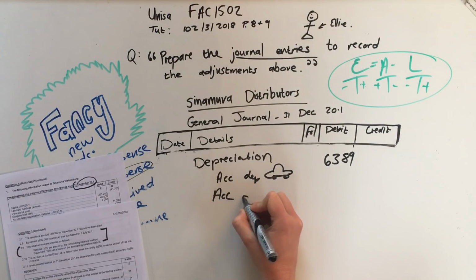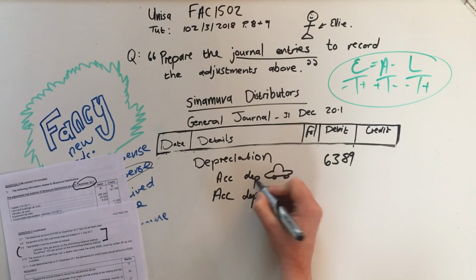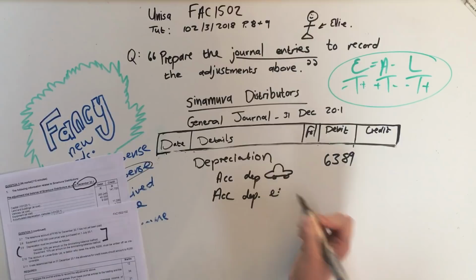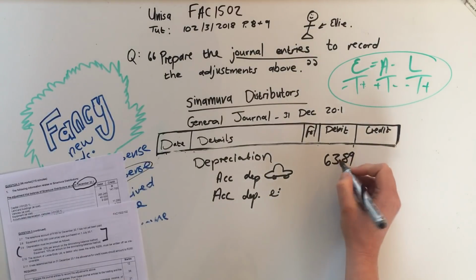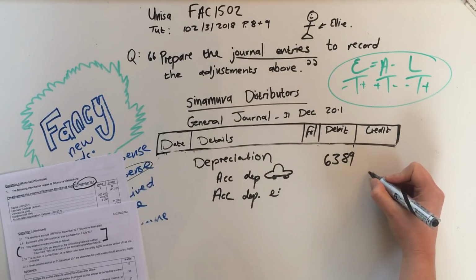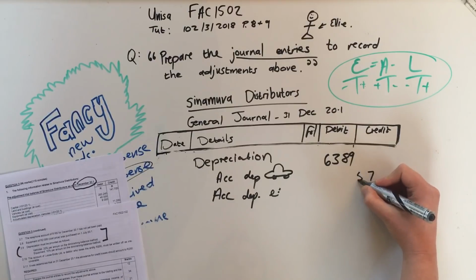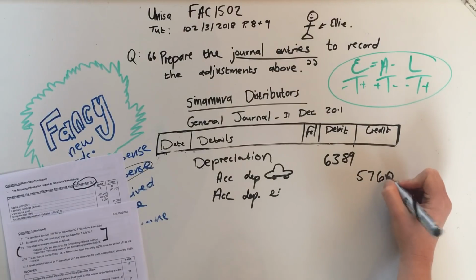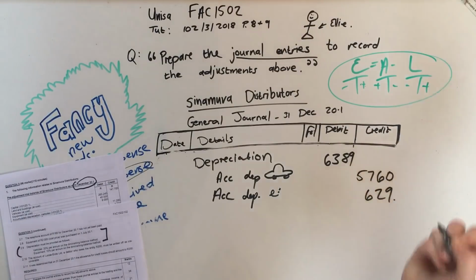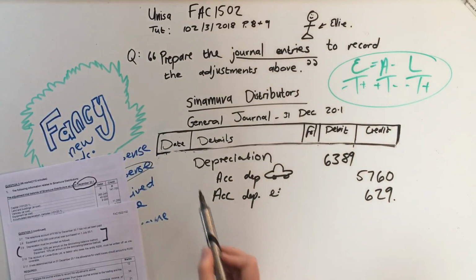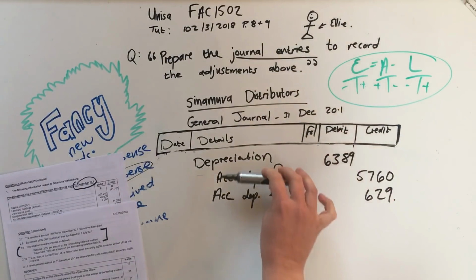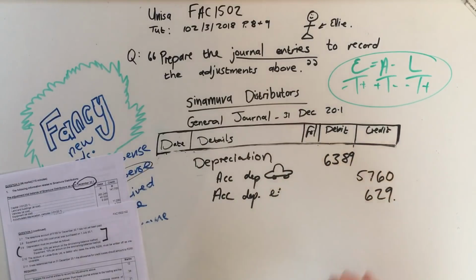And accumulated depreciation on equipment. This one is debited. These must both be credited. 5760 and 629. Great. There we go. So we have our depreciation, which is our expense, and we have the two accumulated depreciations for those two.